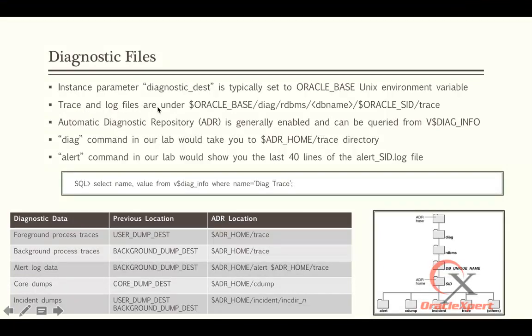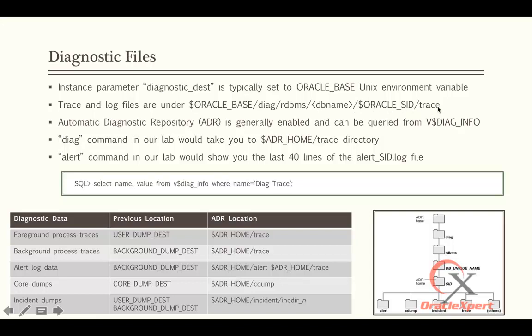Your trace and log files generated by your background processes, or for that matter your server processes, are stored under the Oracle base, diag, rdbms, name of your database, name of your instance, and under the trace location.